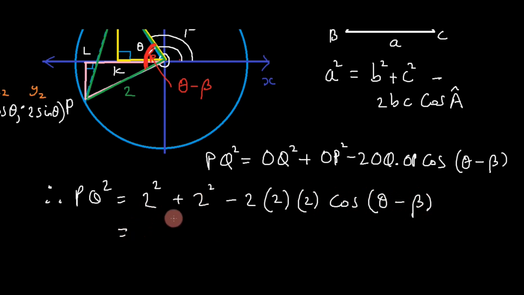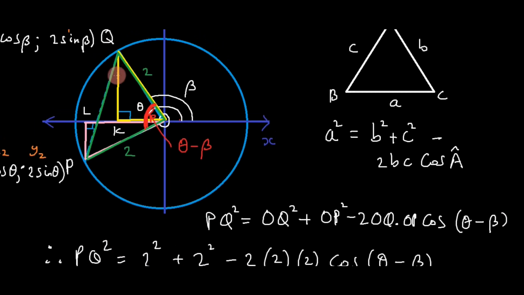So we have 4 plus 4, which is 8. 2 times 2 times 2 is 8. And then cos theta minus beta. So you can see that we now have a second equation for PQ squared. And this time we got it from using the cosine rule inside this green triangle here, inside triangle QOP.